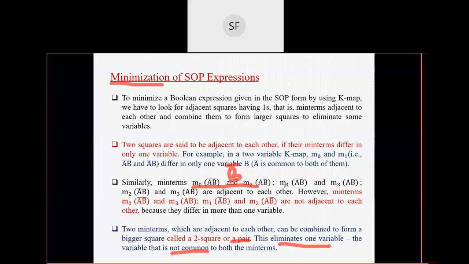Okay. If I combine these two minterms, then which variable will be eliminated? Can anyone reply? If I combine m1 and m3, then which variable should be eliminated?